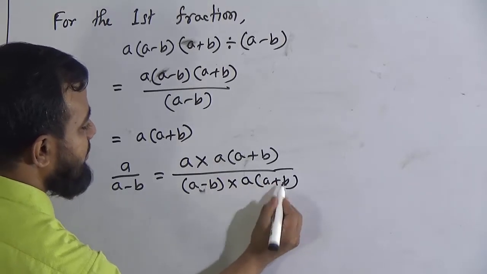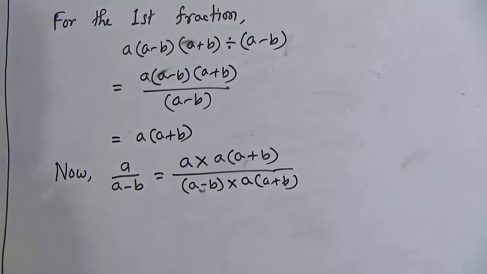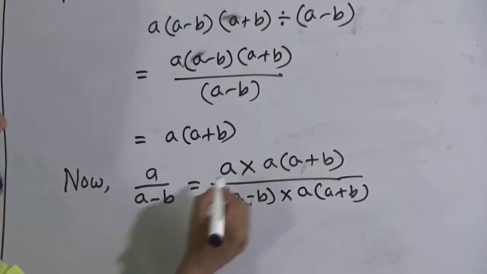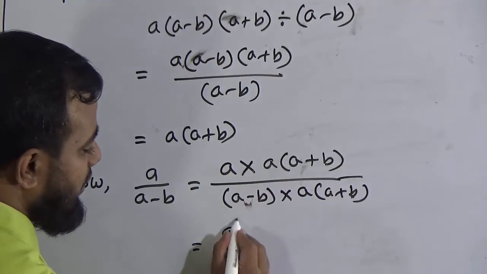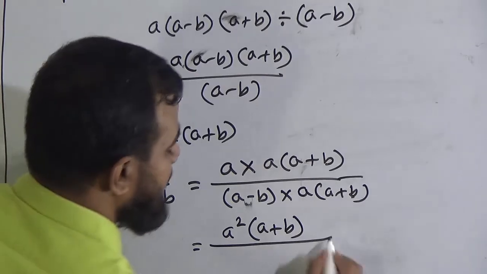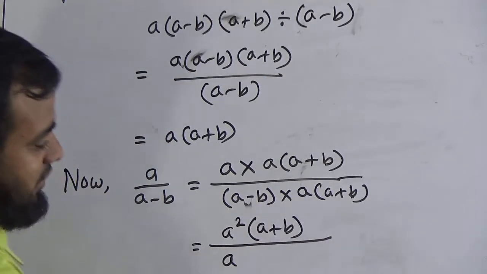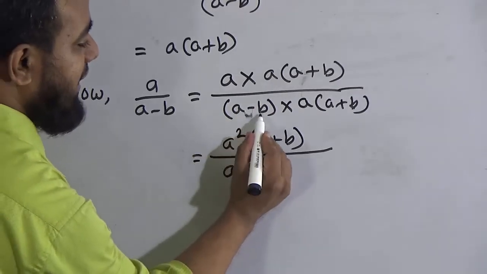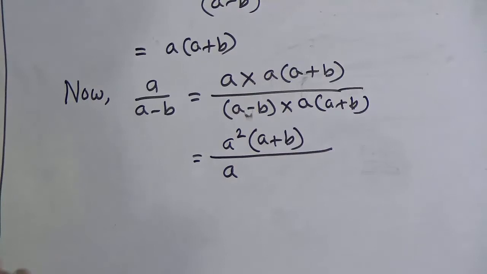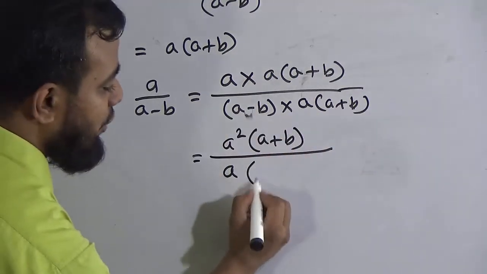We will get a into a, which is a square into a plus b in the numerator. Our denominator will be a minus b, with a plus b multiplied. So we can apply the formula a plus b into a minus b equals a square minus b square.